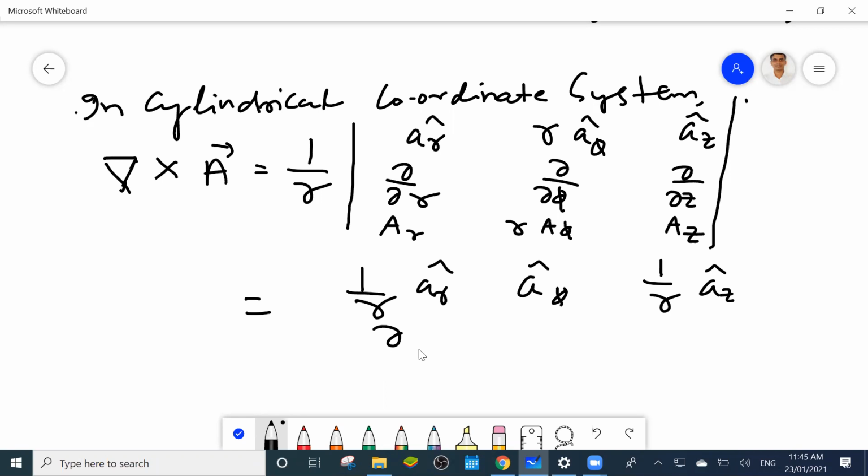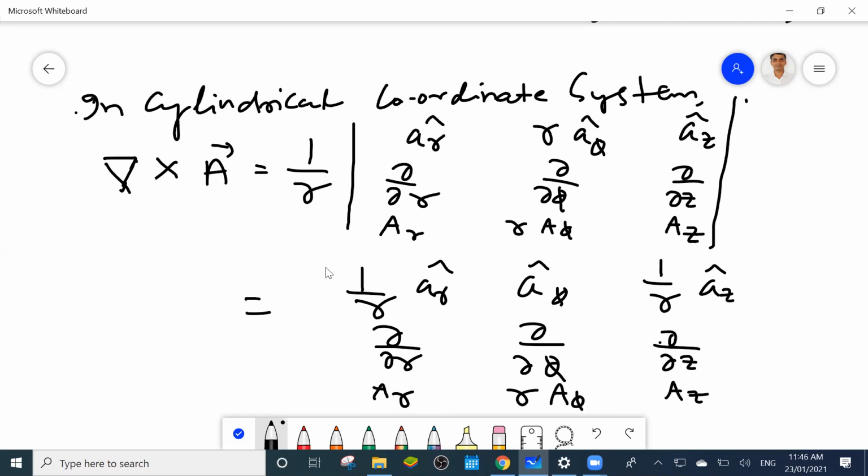This will be del by del r, del by del phi, del by del z. Then here you can write A_r, r A_phi and A_z. Only the first row I multiply.